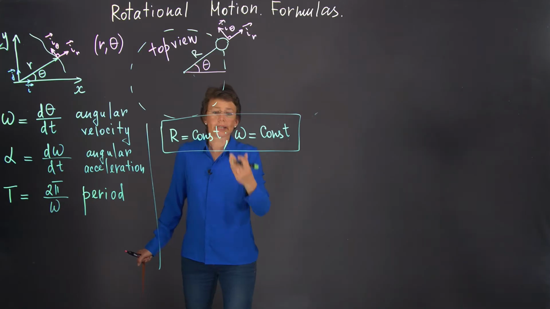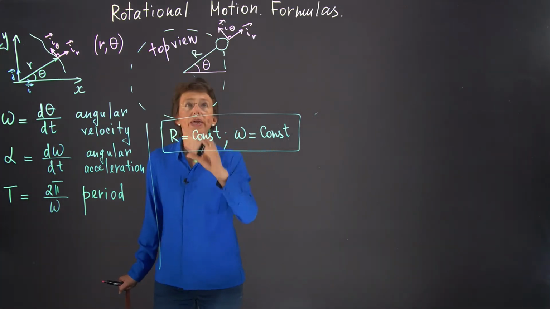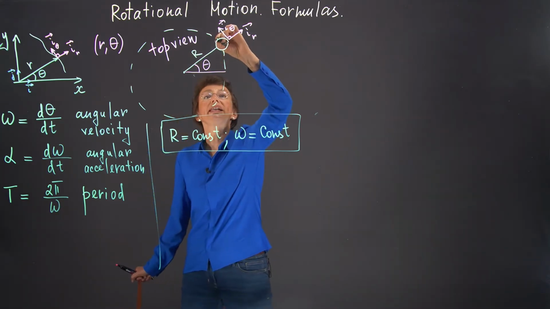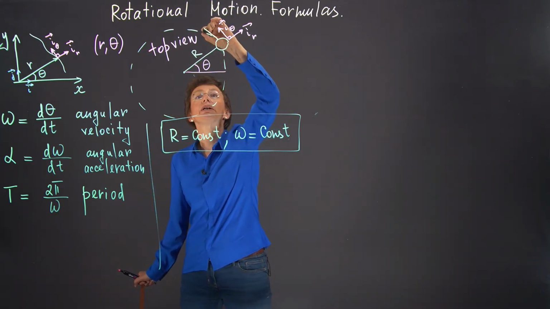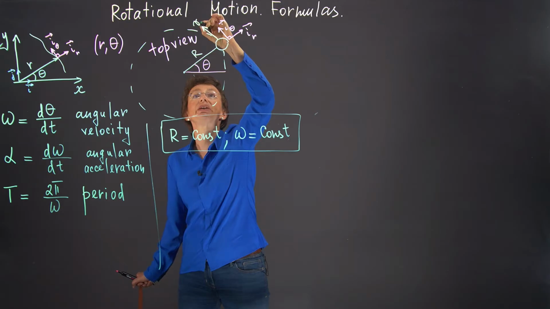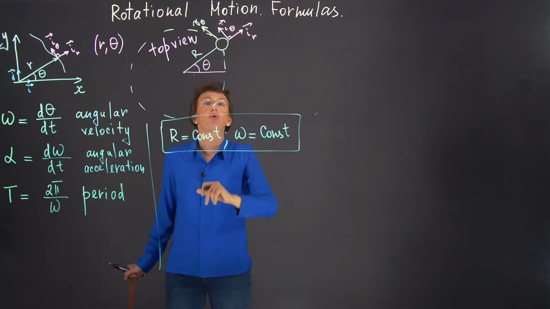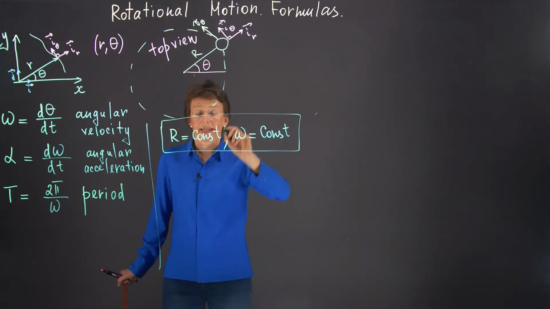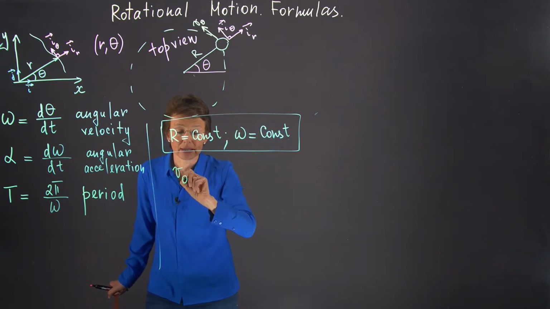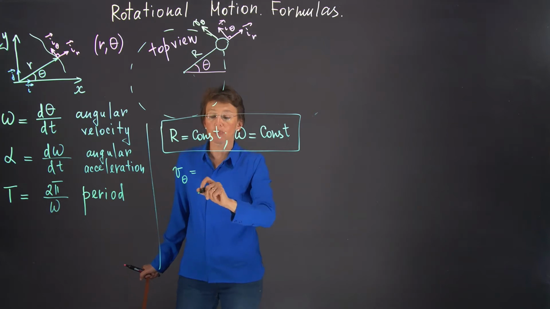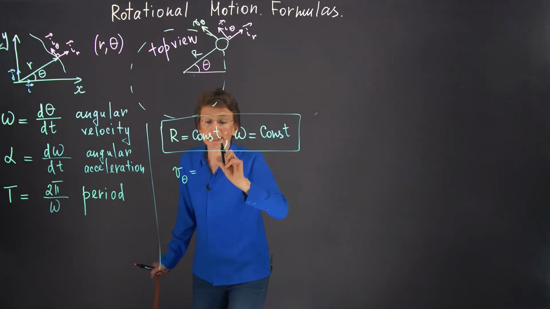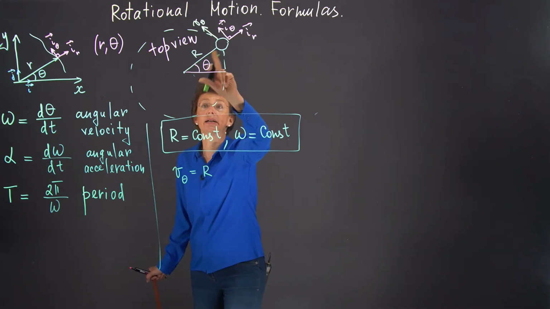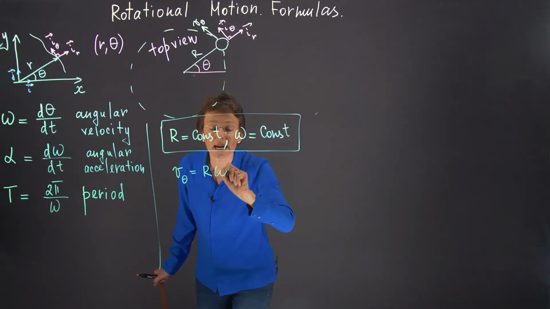So from our lectures, from the textbook, we know that for this particular case, the velocity of the ball will have tangential component like this. So this will be velocity of the ball. I will call it v theta. It's along i_theta. And v theta, this tangential component of linear velocity, is equal to r, in my case called capital R, times omega.